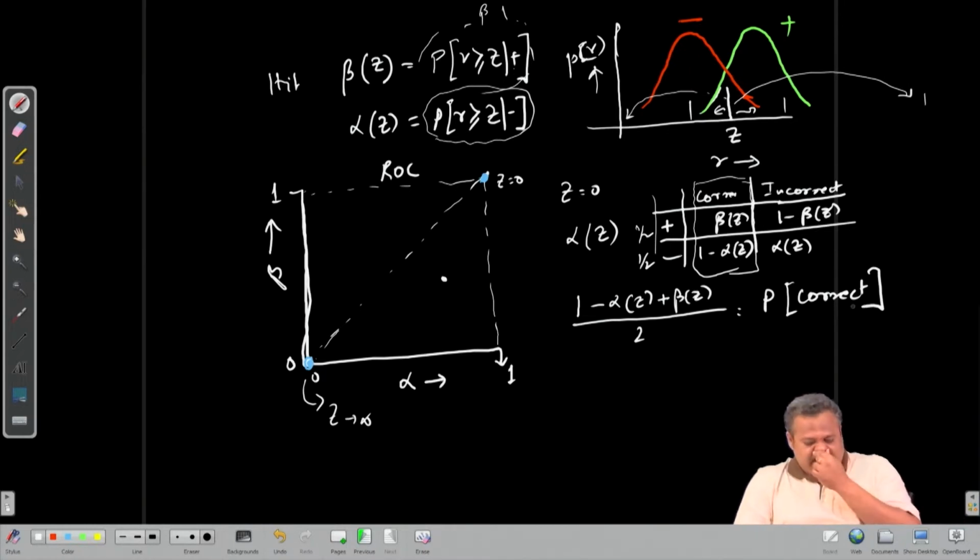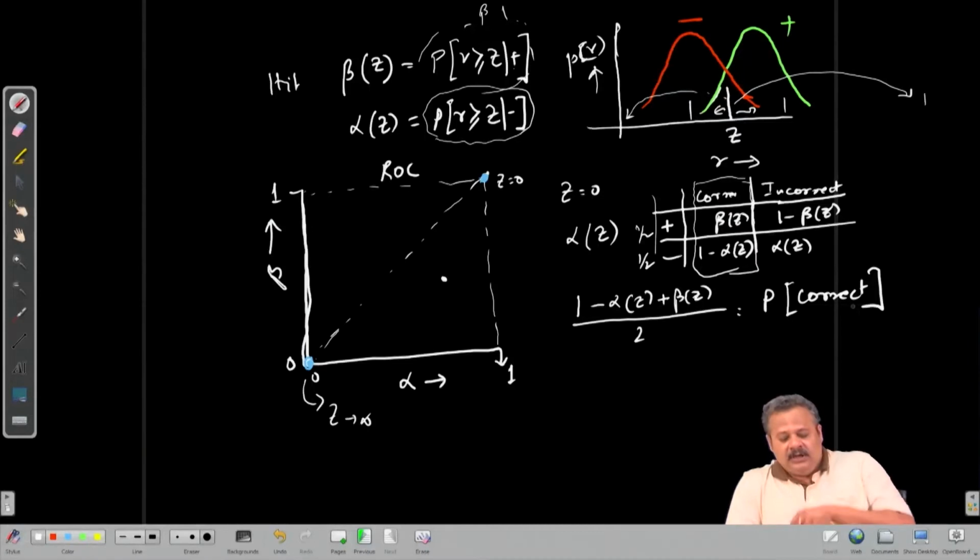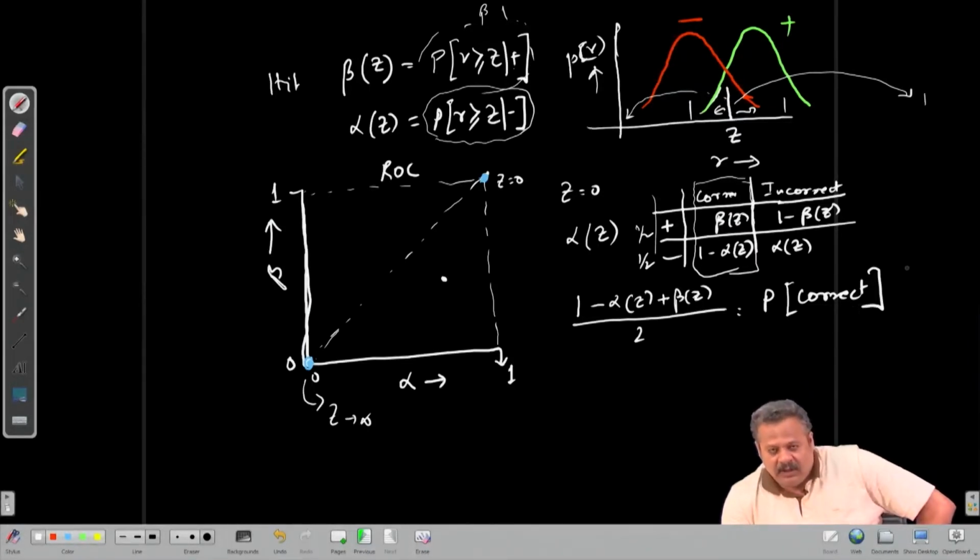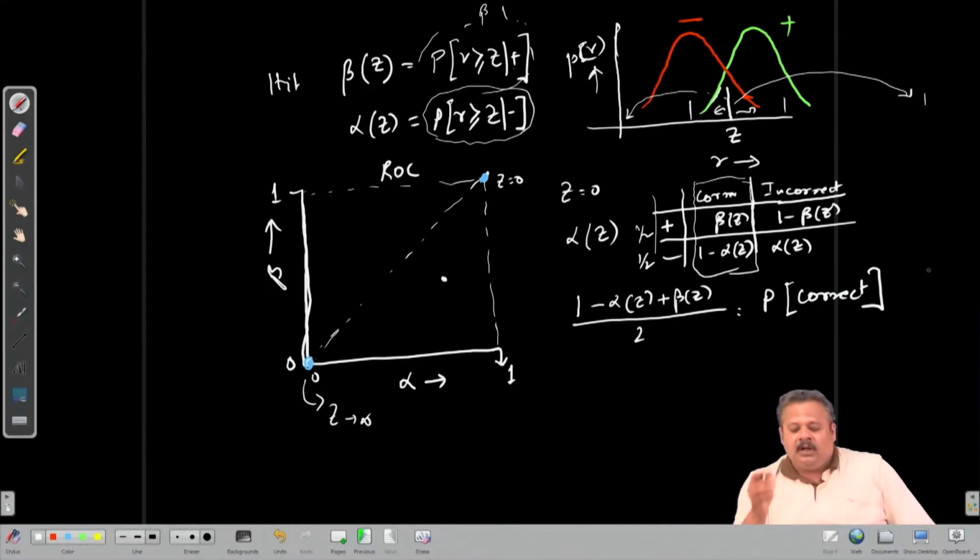So, in this case where we have these two only alternatives, the animal is supposed to always make a decision, either plus stimulus or minus stimulus. Then the probability of correct cannot go below half in the long run.